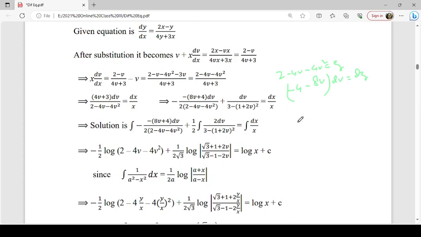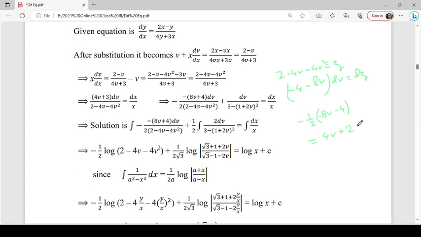Minus half of minus 8v minus 4, so this is equal to 4v plus 2.